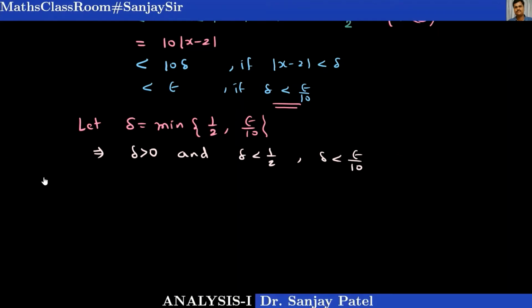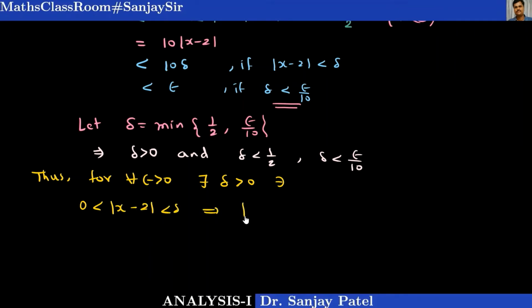So thus we can say that for every epsilon greater than 0 there exists delta as defined above. There exists delta greater than 0 such that whenever 0 less than mod of x minus a, that is 2, less than delta implies mod of fx minus L, which is 7, is less than epsilon.